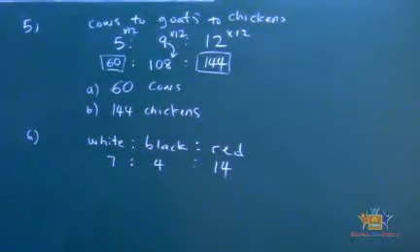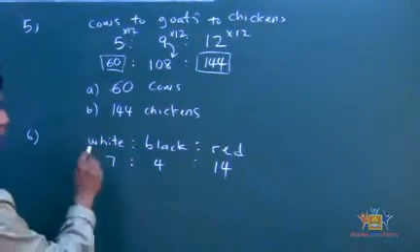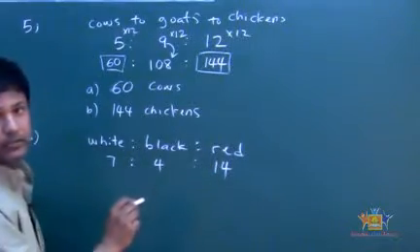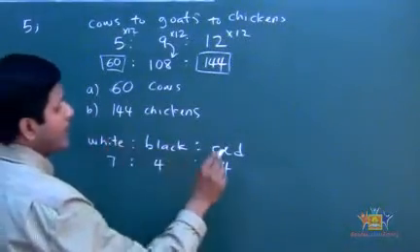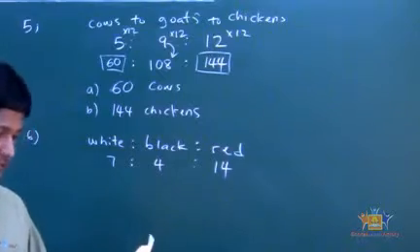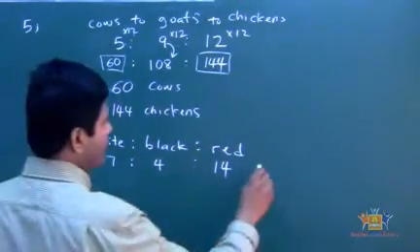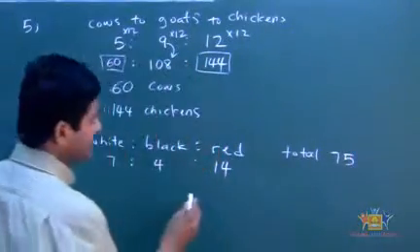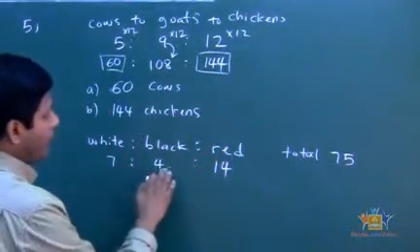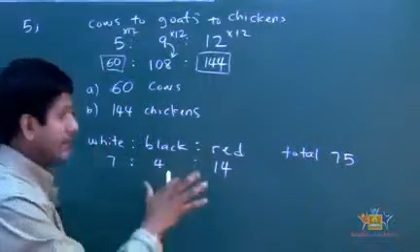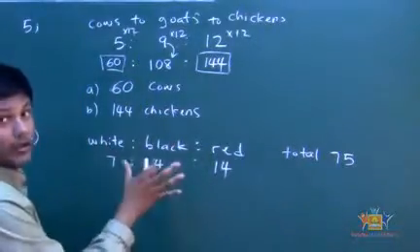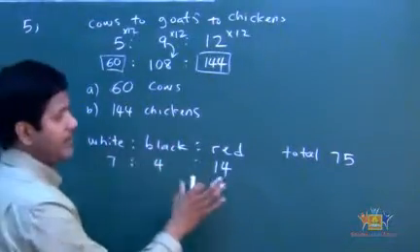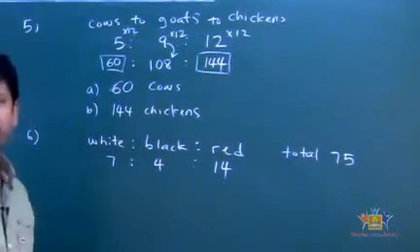Now you know that you're given the total of marbles, which includes white, black and red, is how many? 75. So the total is 75. That means if I add 7, 4 and 14, that's exactly the number of parts that represent 75.